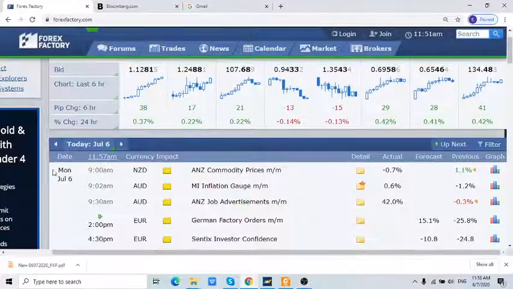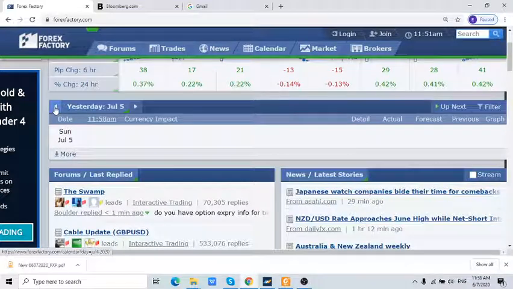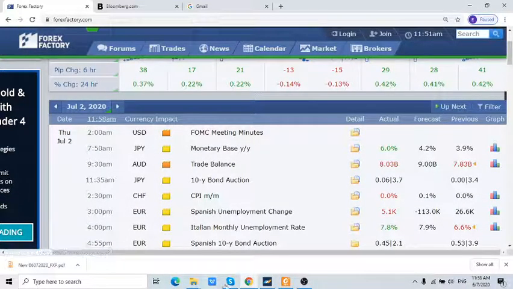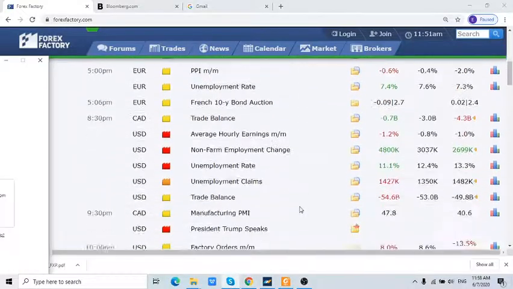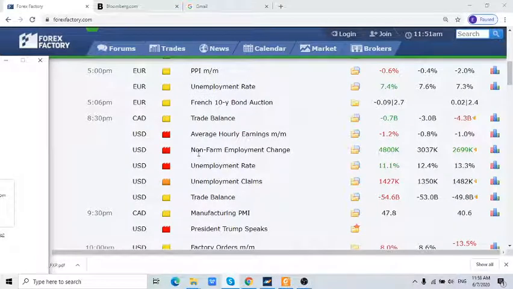We then had the US dollar strengthening eventually, and gold prices initially dropping and then coming back up again. Non-farm employment change came in at 4.8 million, better than market expectations of 3 million jobs created, and the unemployment rate dropped to 11.1%.